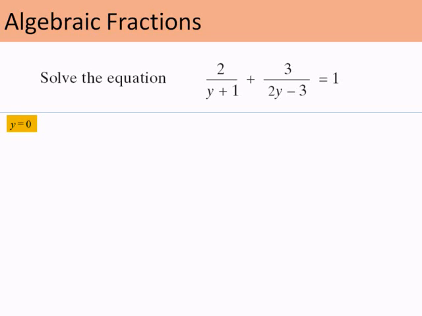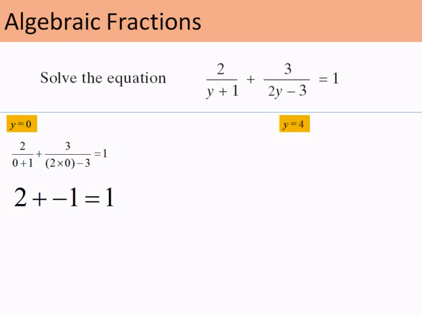Okay, so we're just going to check that out by putting the numbers in. So there's the question again. If I put y equals 0 into that, I get it all working out to 2 add minus 1 equals 1. And that works.